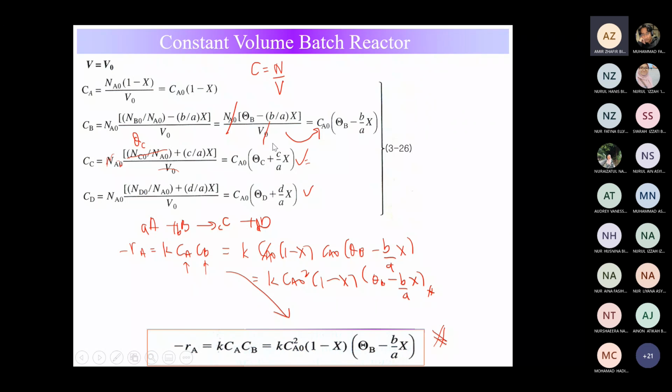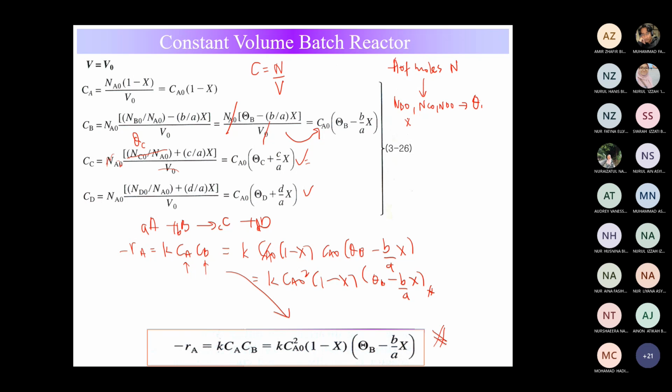Sama. Cuma sebenarnya sebab kita start dengan number of moles. Mari saya tulis. Kita start dengan number of moles dalam bentuk N. Lepas tu kita try tukar daripada NB0, NC0, ND0 into theta, sebab kita nak letak dia dalam bentuk NA0 saja.